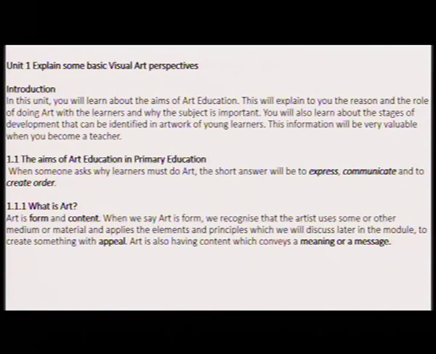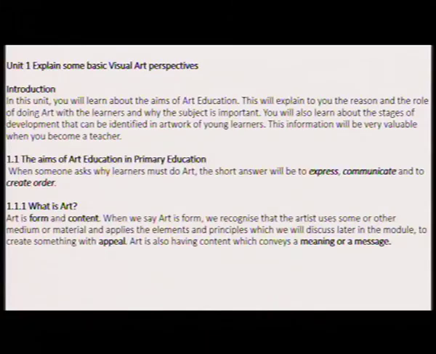Art is about expressing oneself. It's about communicating a message to the next person. And it's about creative order, learning how to be creative and also improving on your creativity orders.